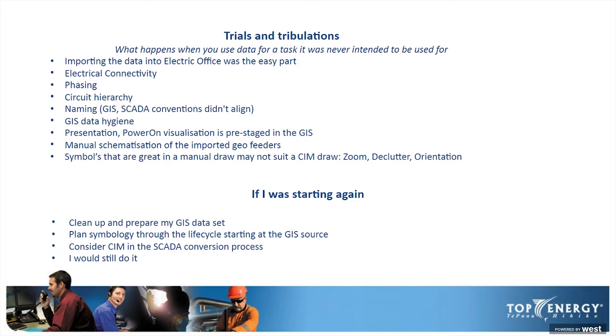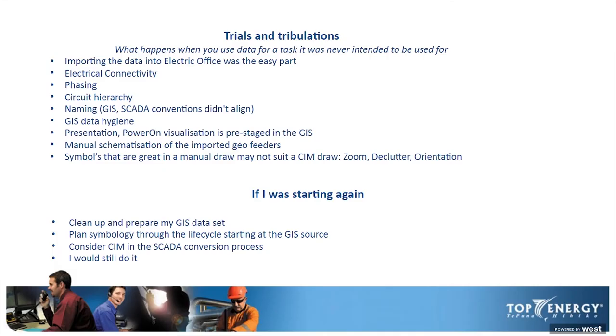Circuit hierarchies required some massaging just to get things into circuits. There was a pile of componentry in our GIS data set that hadn't been homed to a feeder. So they were there, visually in the GIS. You could follow them with your finger, but they weren't in the electronic hierarchy.